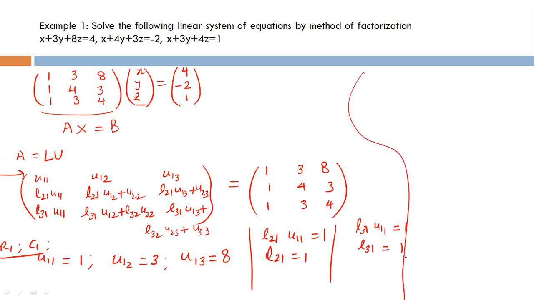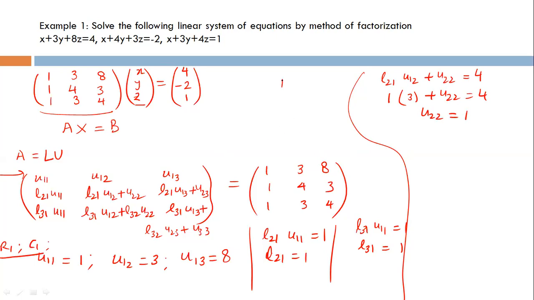Now go row 2. First entry I have already used. L21 U12 plus U22 is equal to 4. You have L21 is 1, U12 is 3, plus U22 equal to 4. You will get U22 equal to 1.